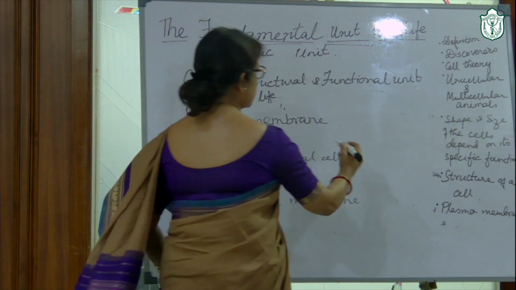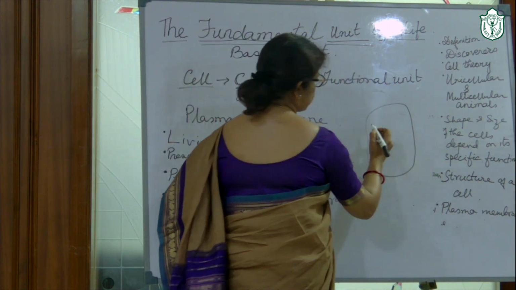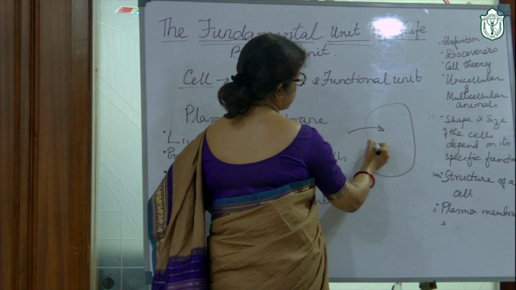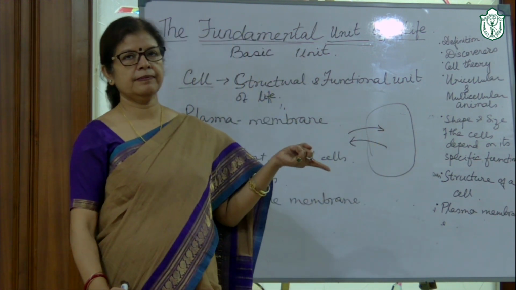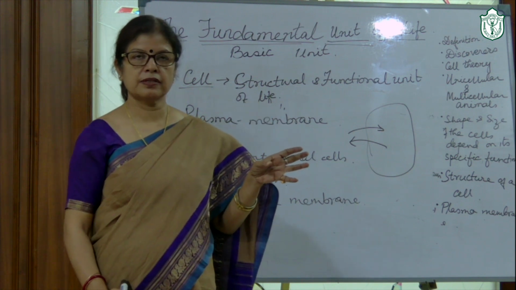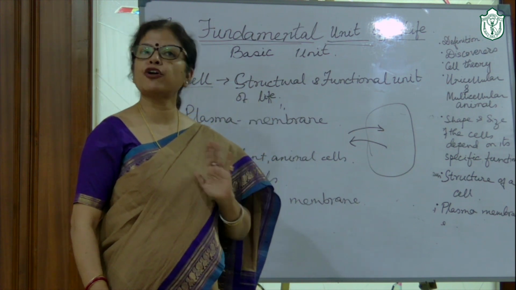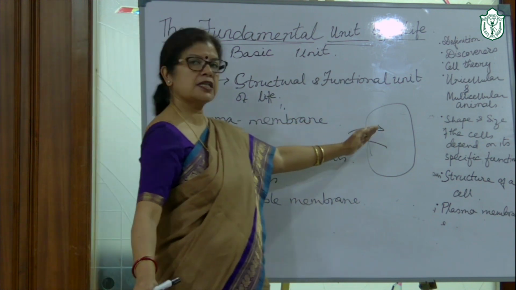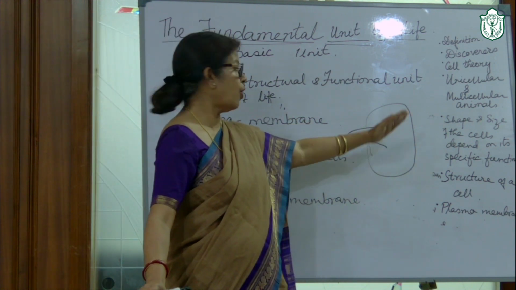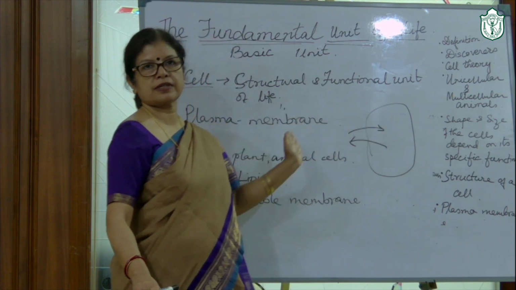Now, inside the cell, substances move in, substances move out. So this plasma membrane allows some substances, not all, to move through it, inside the cell or from inside the cell outside the cell.